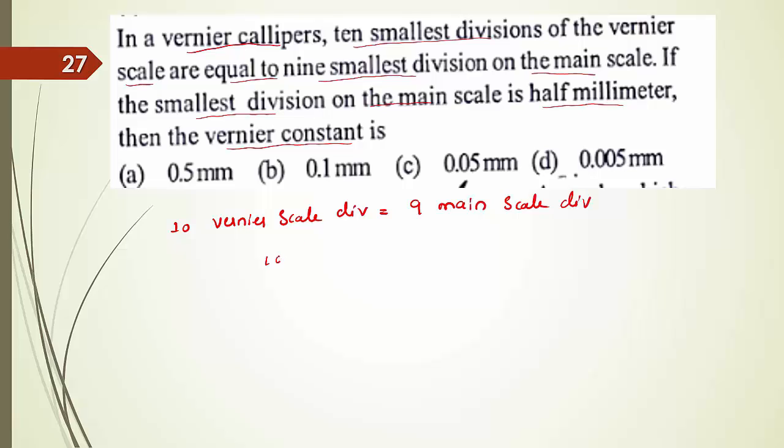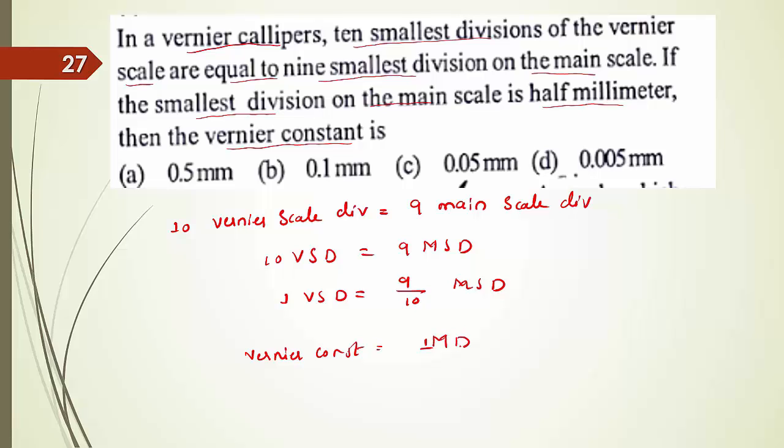That is 10 VSD is equal to 9 MSD, or we can write 1 VSD equal to 9 by 10 MSD.